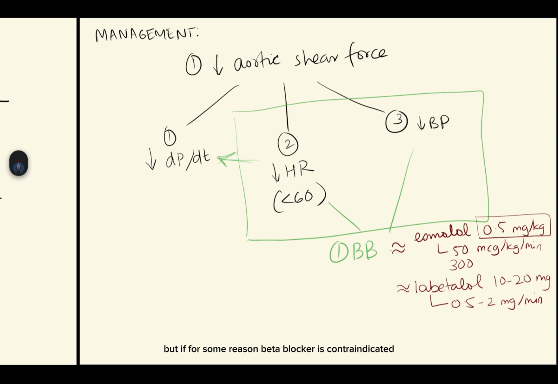But if for some reason beta blocker is contraindicated, then calcium channel blockers like diltiazem and verapamil can also achieve the same targets.